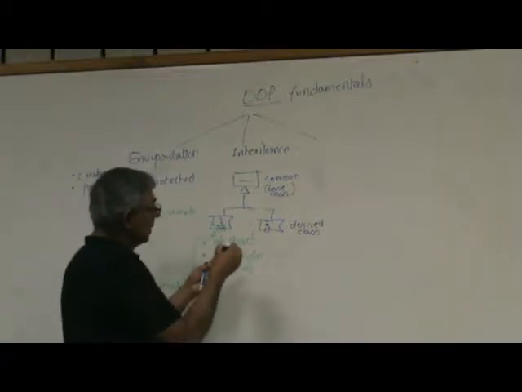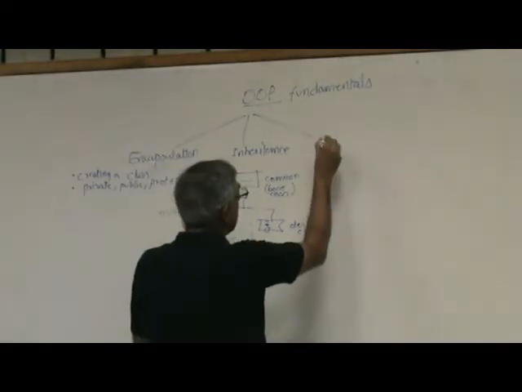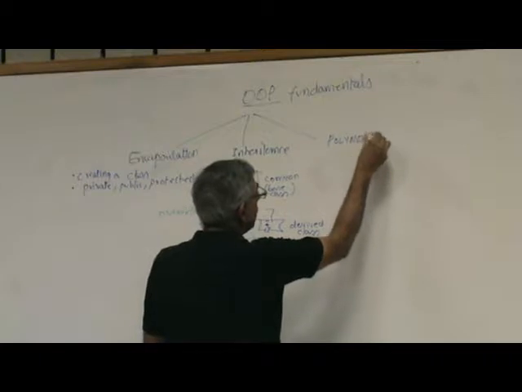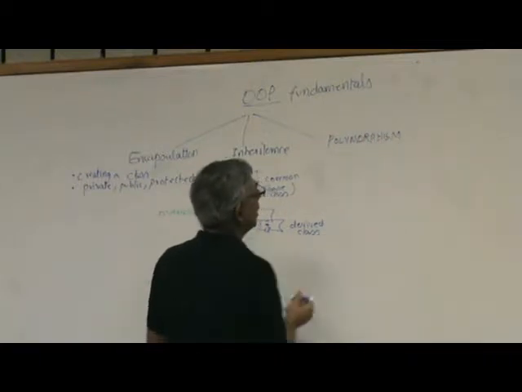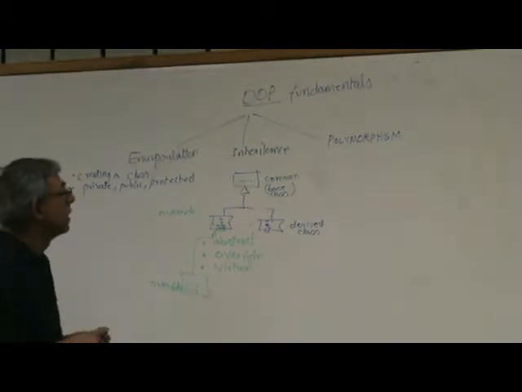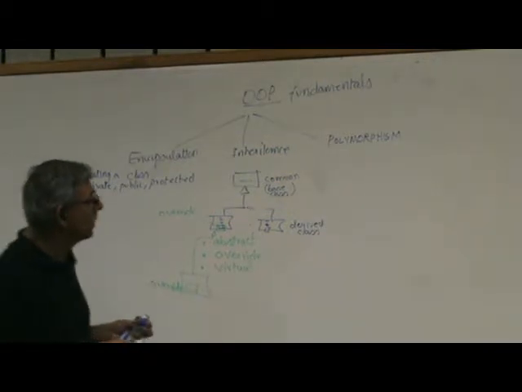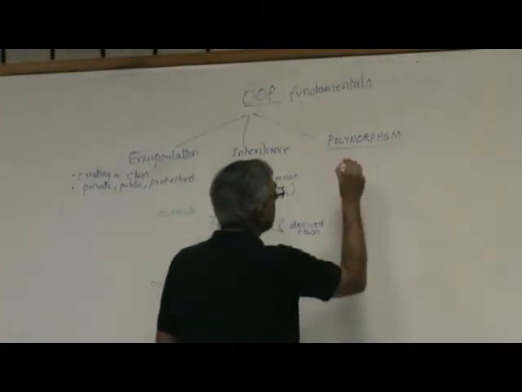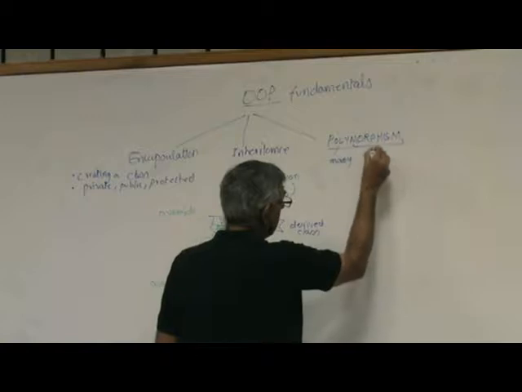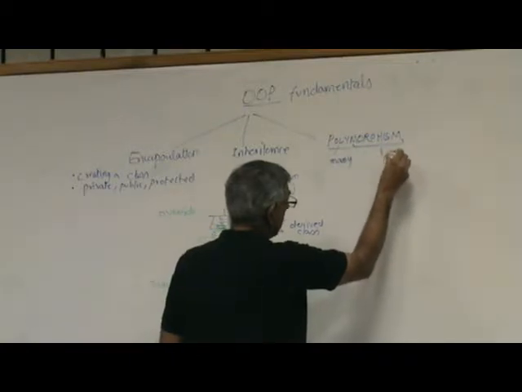Okay, and last lecture we were looking at polymorphism, which is the third fundamental concept in object-oriented programming. And polymorphism, as we discussed in the last lecture, poly means many. Morphism basically means forms.